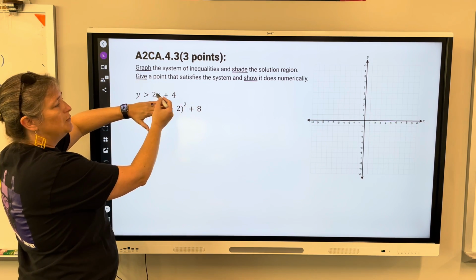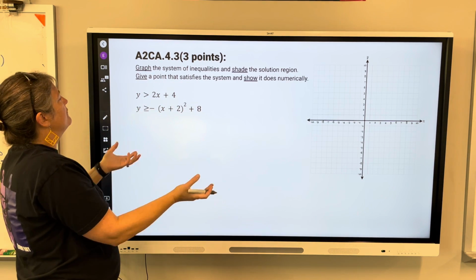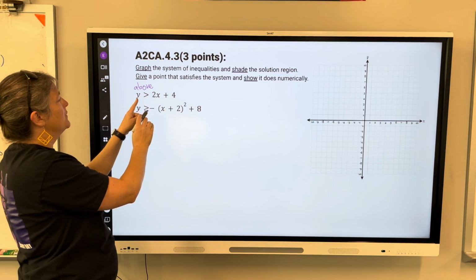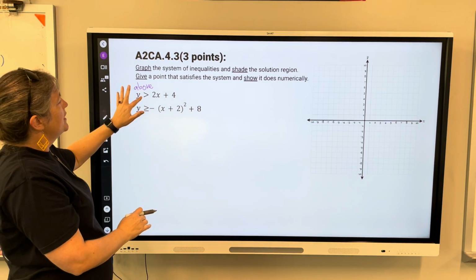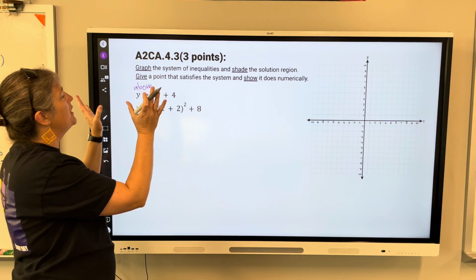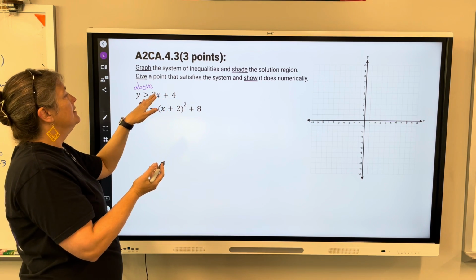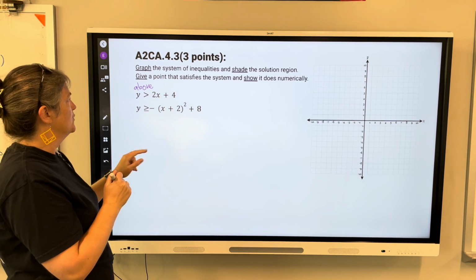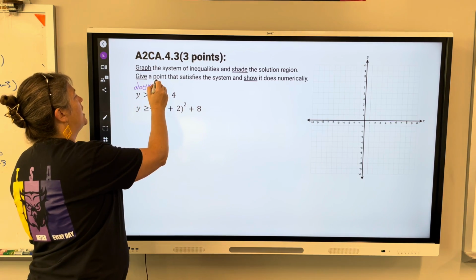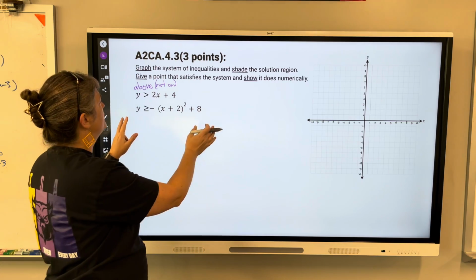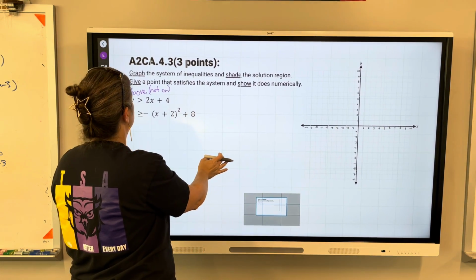Where it's equal will be the boundary, but everything above, that's my first analysis point, is to say y is greater than, I want all the points above the line of 2x plus 4, but not on it.